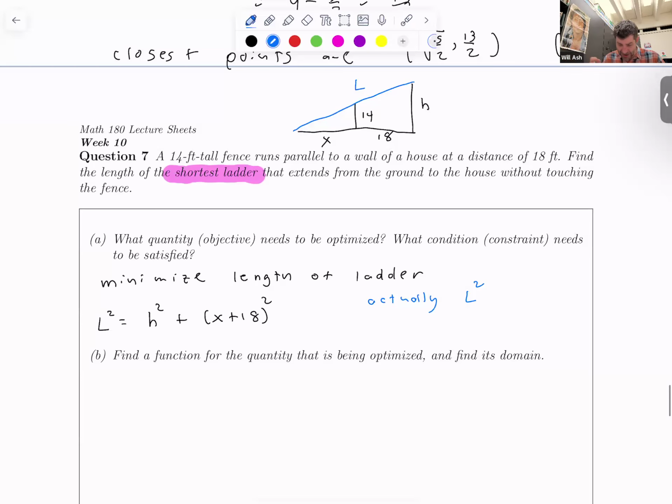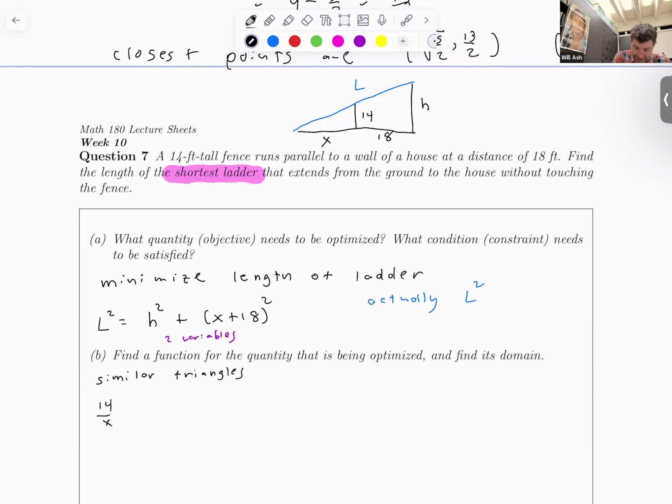All right, but what I've got here is two variables, which is trouble. So I'm going to need some other way to get my h and my x together. And what I'm going to notice is anytime we have a shape like this, I should think about similar triangles. I'll go shorter triangle first.